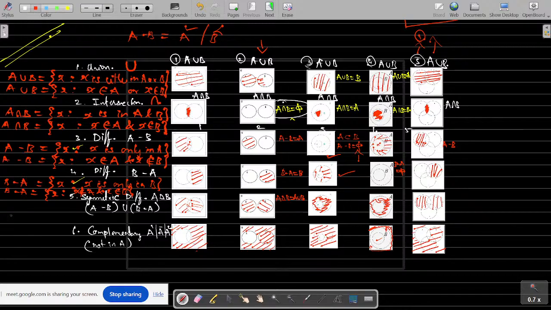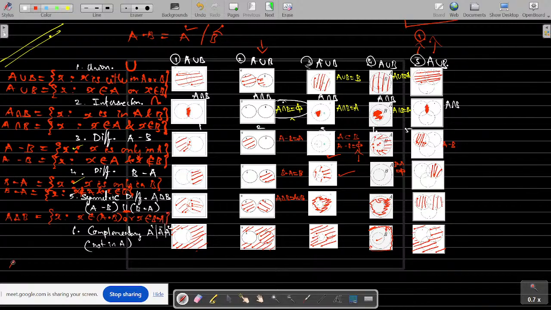Then the fifth one, what is A del B? It's simple. A del B is the set of all X such that X belongs to A minus B or X belongs to B minus A. Is it okay?